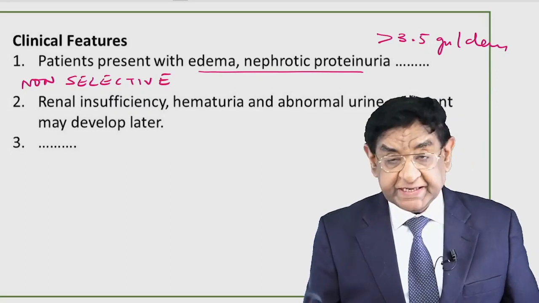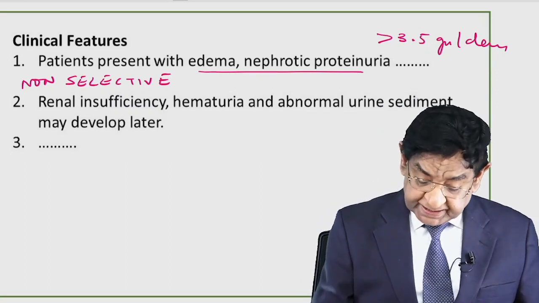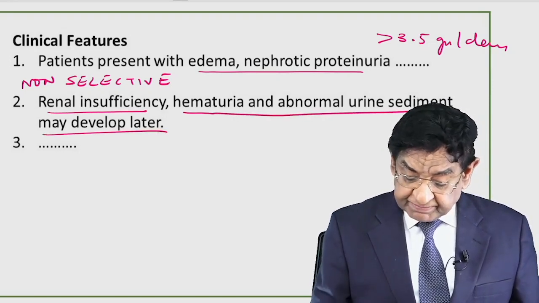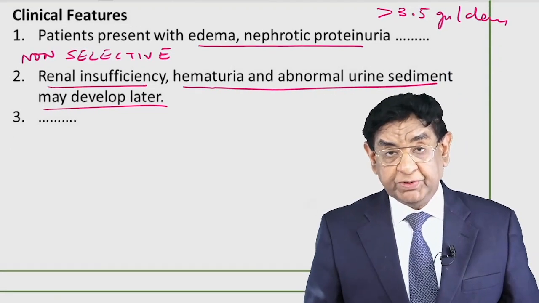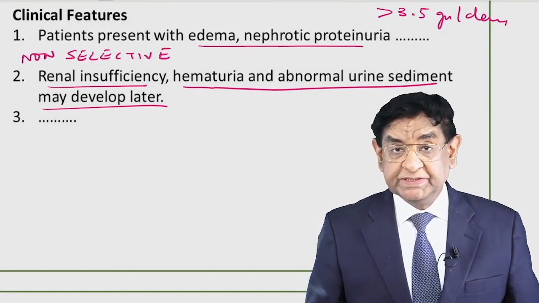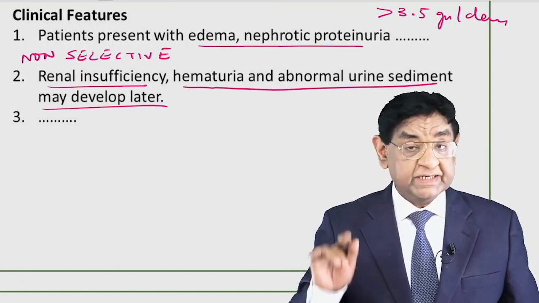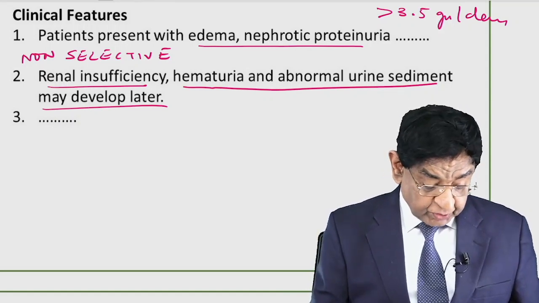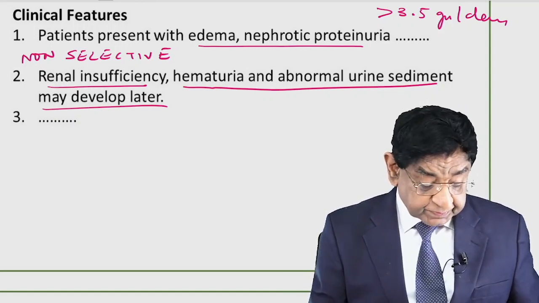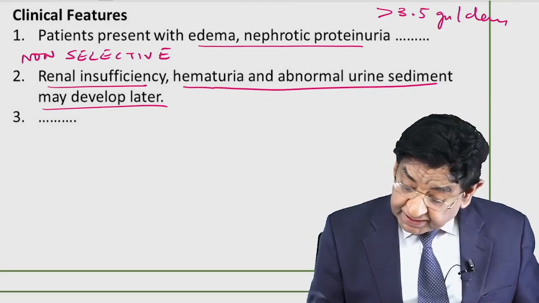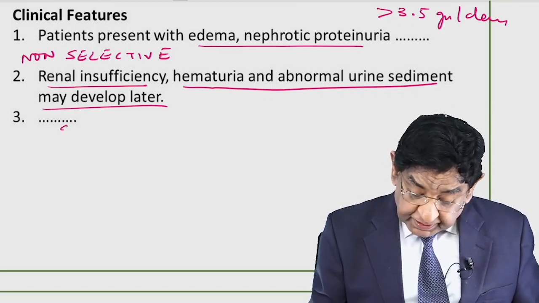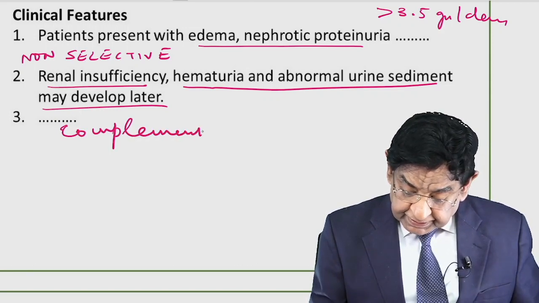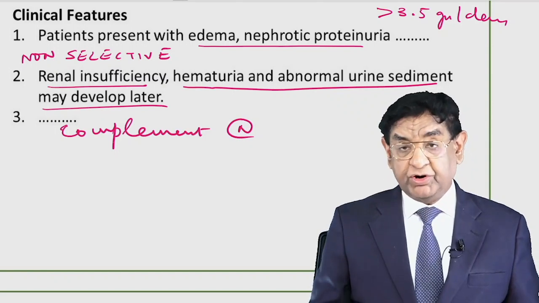Additionally, renal failure, hematuria, and abnormal urine sediment may develop later. Point to be noted: in minimal change disease, there was selective proteinuria, no hypertension, no hematuria, and no renal failure. And one more thing, in this case, complement level is normal. It is not reduced.